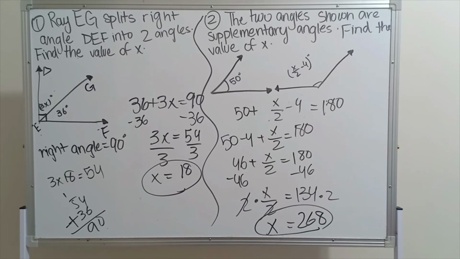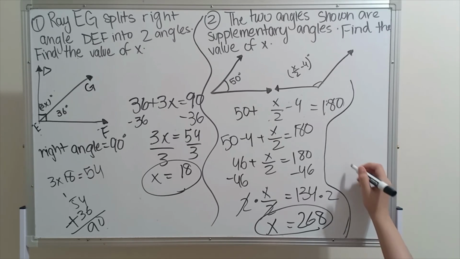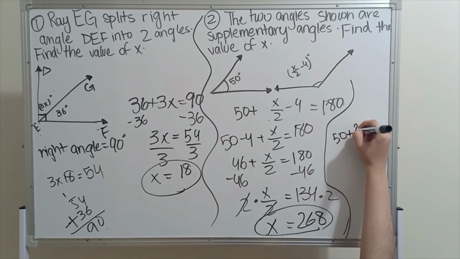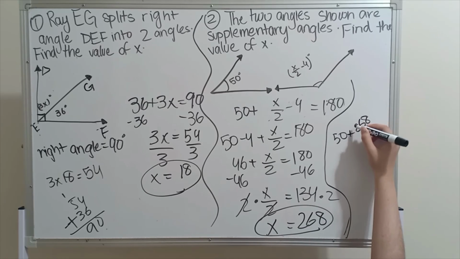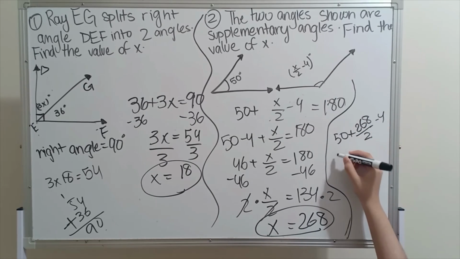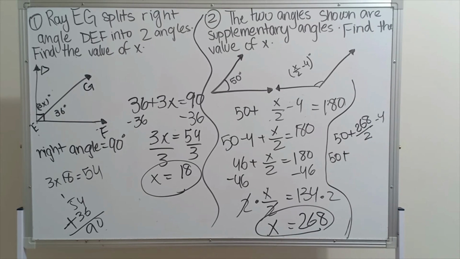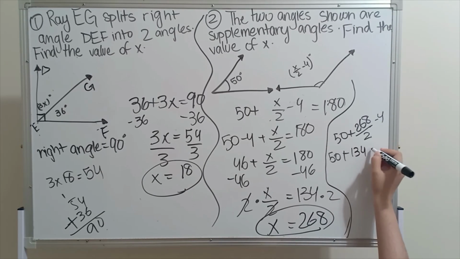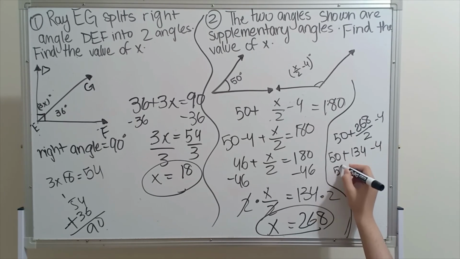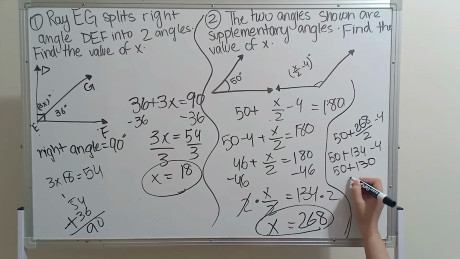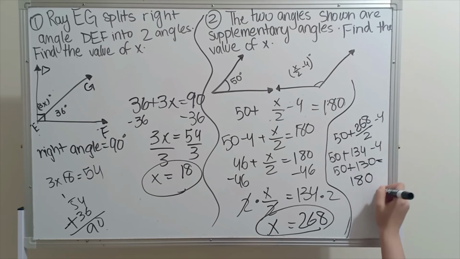Let's make sure we got the right answer. We have 50 plus 268 divided by 2, minus 4. 268 divided by 2 is 134, and subtracting 4 gives 130, so 50 plus 130 will give us a total of 180.